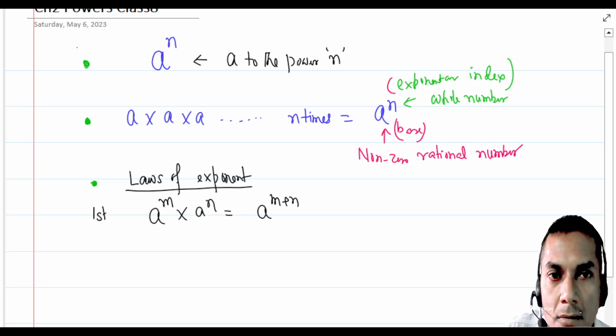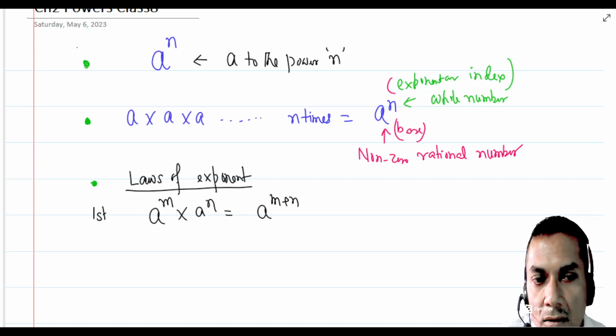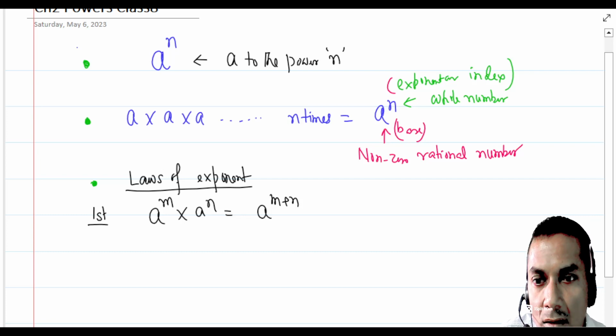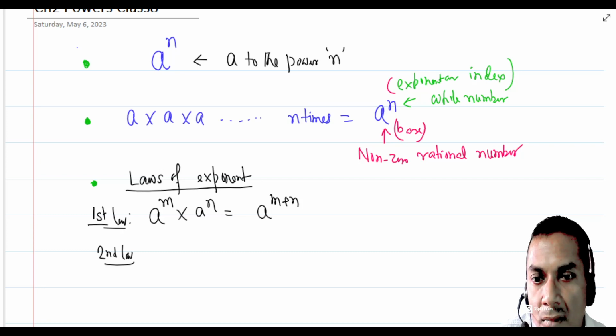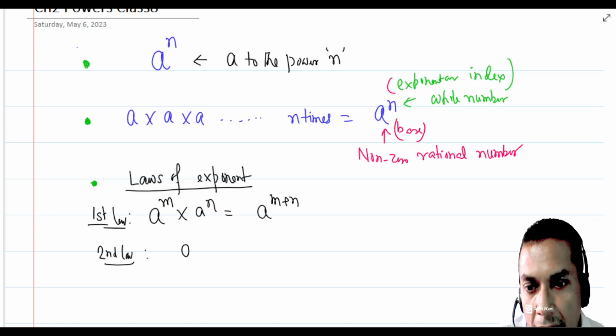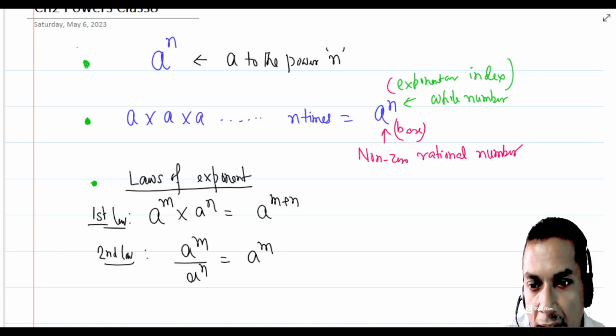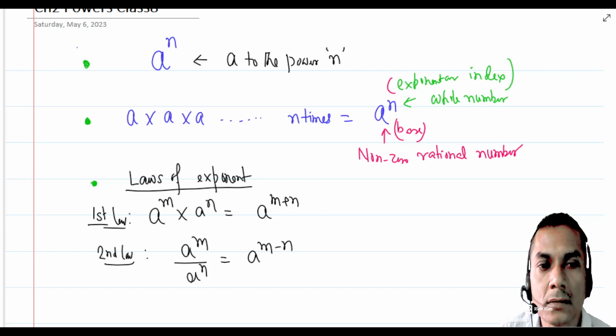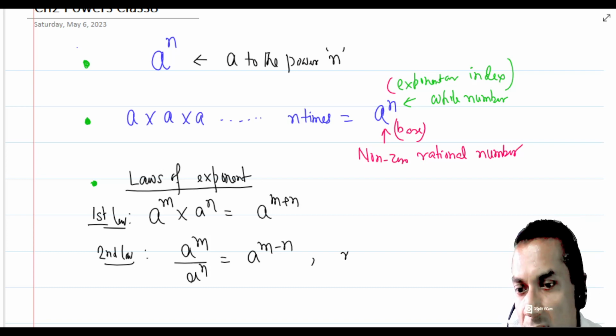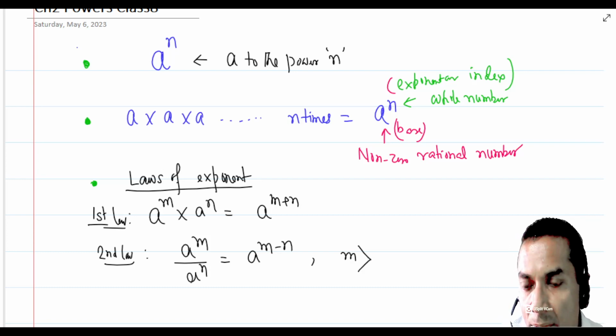Clear? What is the second law? The second law is a to the power m by a to the power n is equal to a to the power m minus n. You remember that it is applicable if m is greater than n.